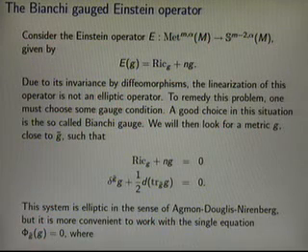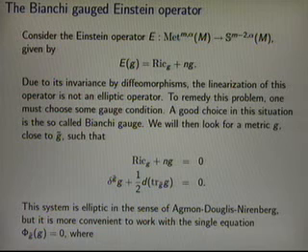All right, so let me talk about the Einstein operator now. As people already mentioned here, you have this operator, and it's not elliptic because it's invariant by diffeomorphisms. So what you do is you choose a gauge. In this case, a nice gauge to choose is the Bianchi gauge.